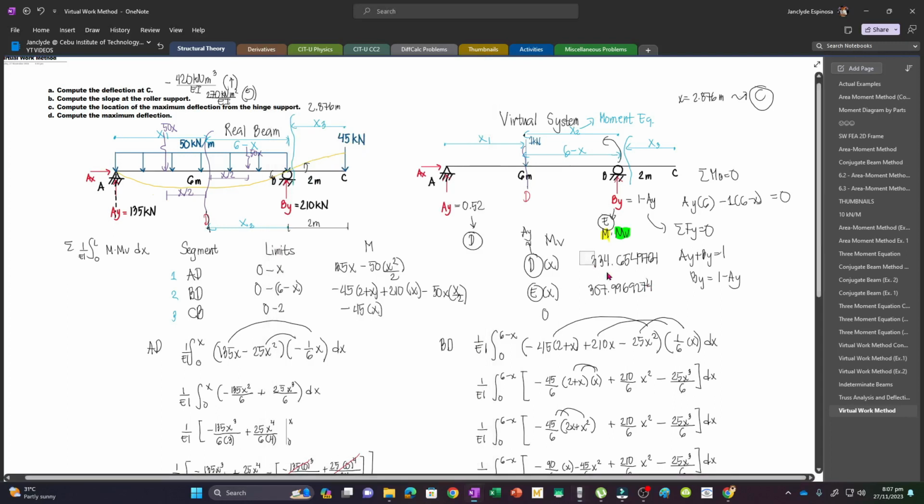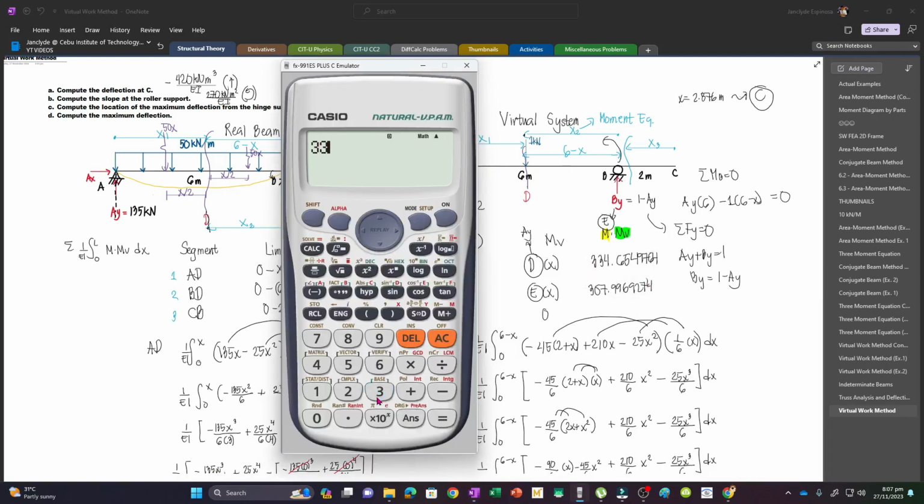Now, if we add both of these, 334.6549764 plus 307.9969274 will become 642.65, which is our answer in the double integration, area moment, and the previous methods.